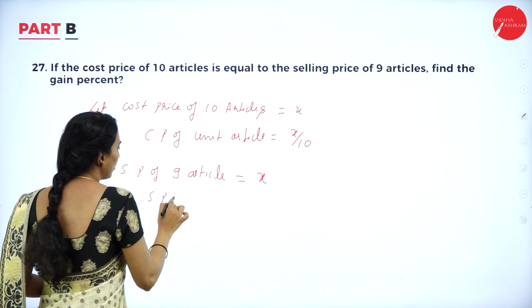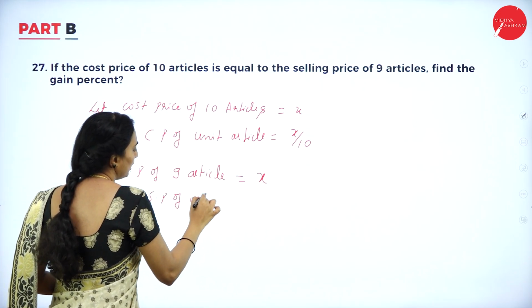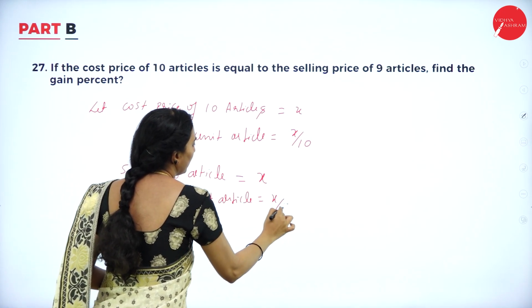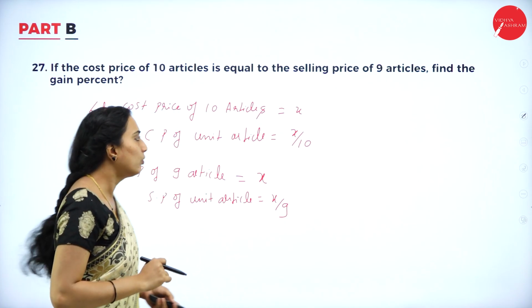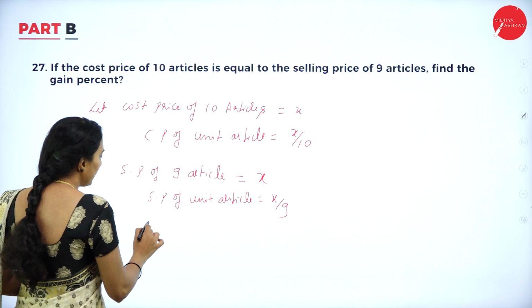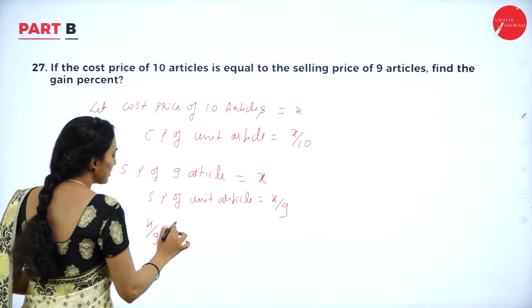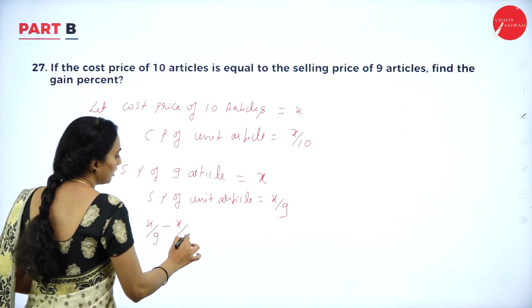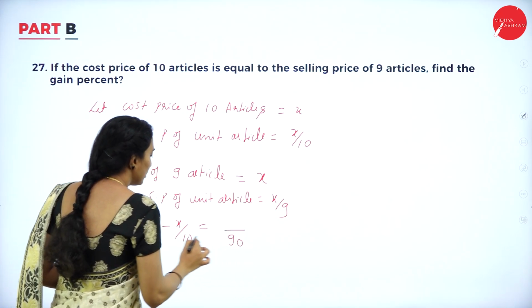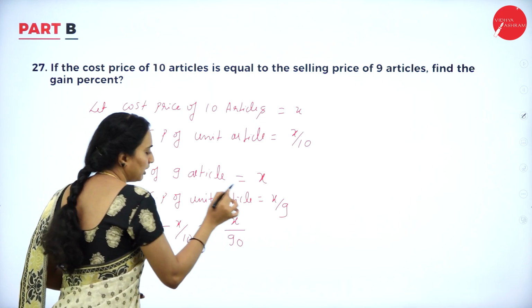Therefore, selling price of one article, that is unit article, is equal to x by 9. So therefore, they have given they are equal. Therefore, selling price of one article minus cost price of one article gives you what? You can take the LCM, which is 90, correct? So 10x minus 9x is nothing but x.